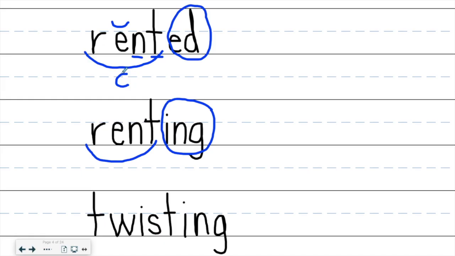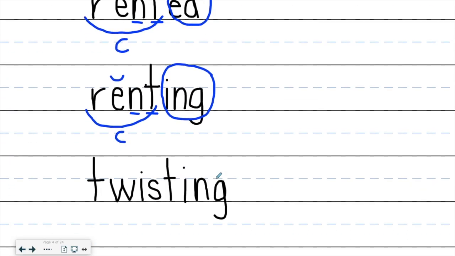I already know that it's a closed syllable because look, it's the same word that I had up here. So I'm going to mark it up the same way. I put a C for closed. I'm going to put a breve over the vowel to show that it's making a short sound. And I'm going to put two lines underneath these letters that are blending together. Renting.